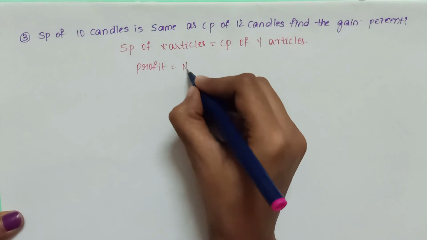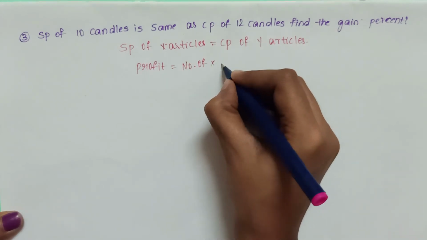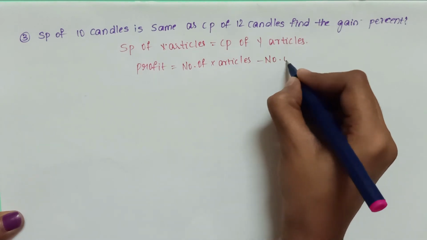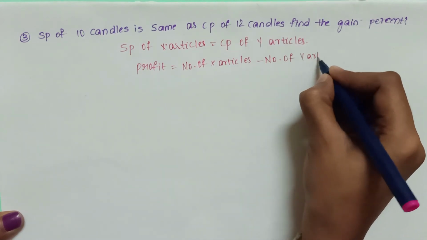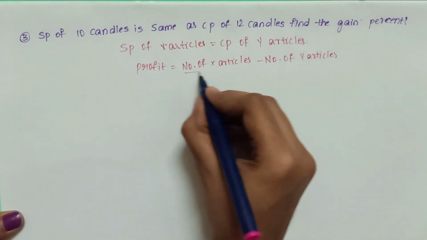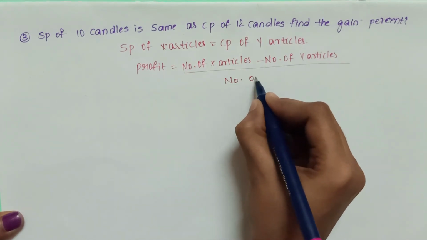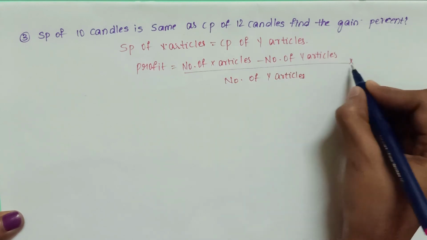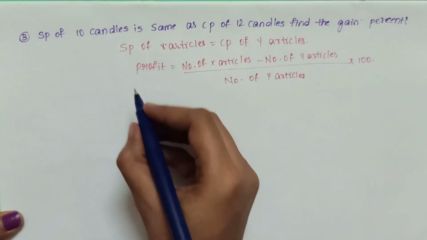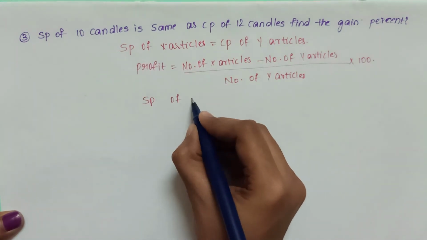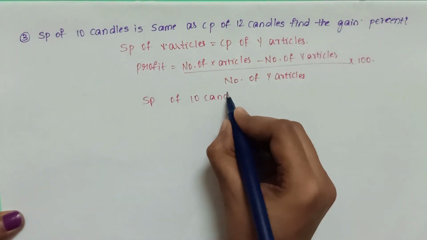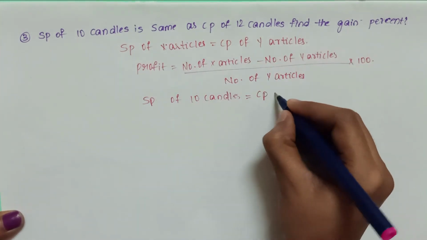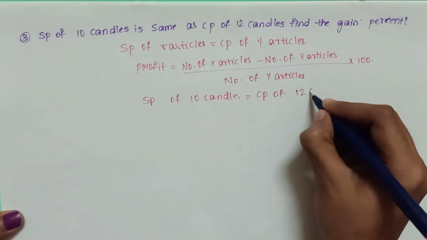Profit is equal to number of X articles minus number of Y articles by number of Y articles into 100.